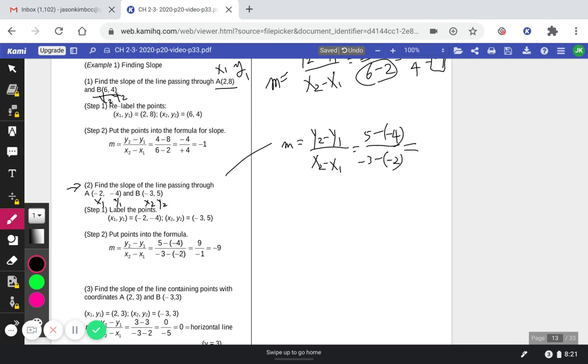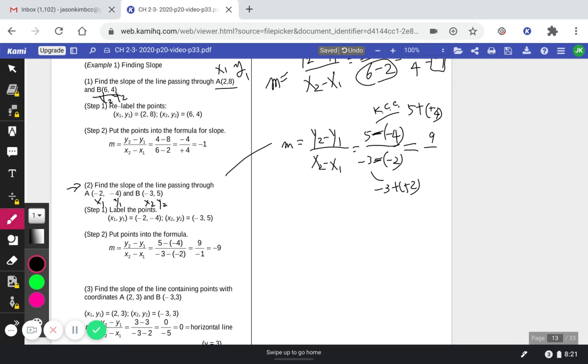Again, signed number operation. When you do that, this becomes 5 plus positive 4. You do keep change. Every time you have a subtraction, you should do keep change until you become very good at that. So 5 plus positive 4 becomes 9 on the top, and this becomes negative 3 plus positive 2.